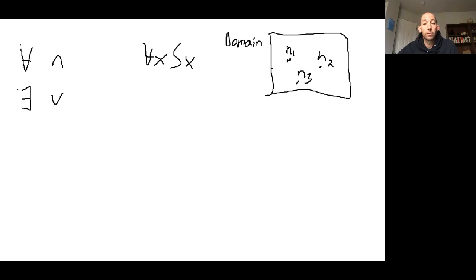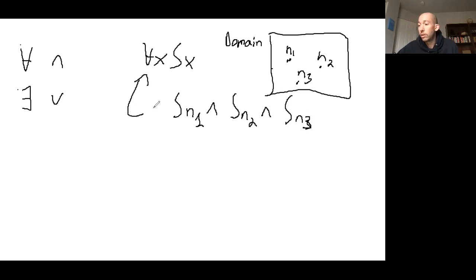So that I have something I can use to denote them with. The universally quantified sentence is, in this particular domain, going to be equivalent to the sentence that says n1 satisfies S and n2 satisfies S and n3 satisfies S. So this universally quantified sentence is equivalent to a conjunction where we've replaced the variable x with all the objects that we could name.